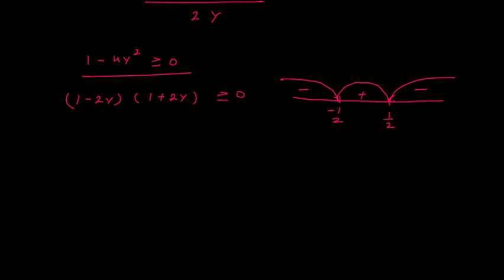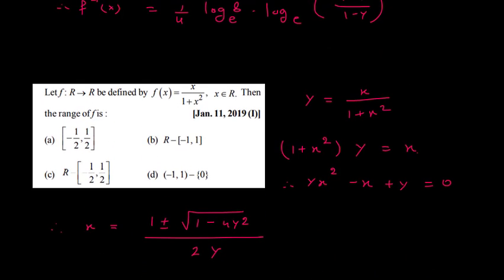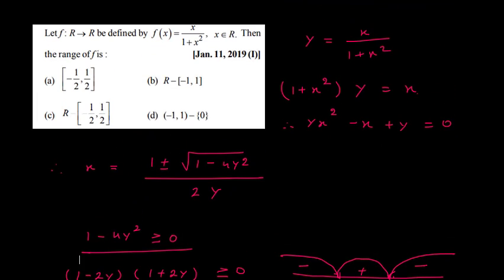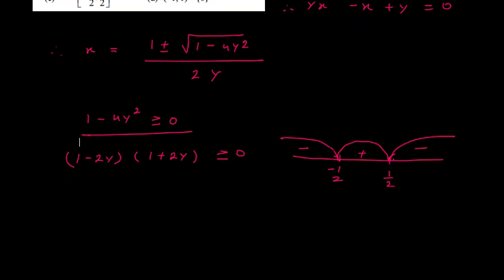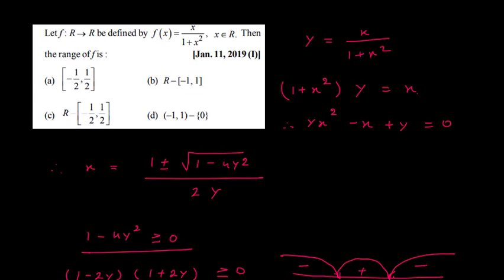So when you are getting this value as positive, you are between minus 1 by 2 and plus 1 by 2. So between minus 1 by 2 and plus 1 by 2 we have the solution. We are getting this as a positive value, so the values of x are possible for these values of y.